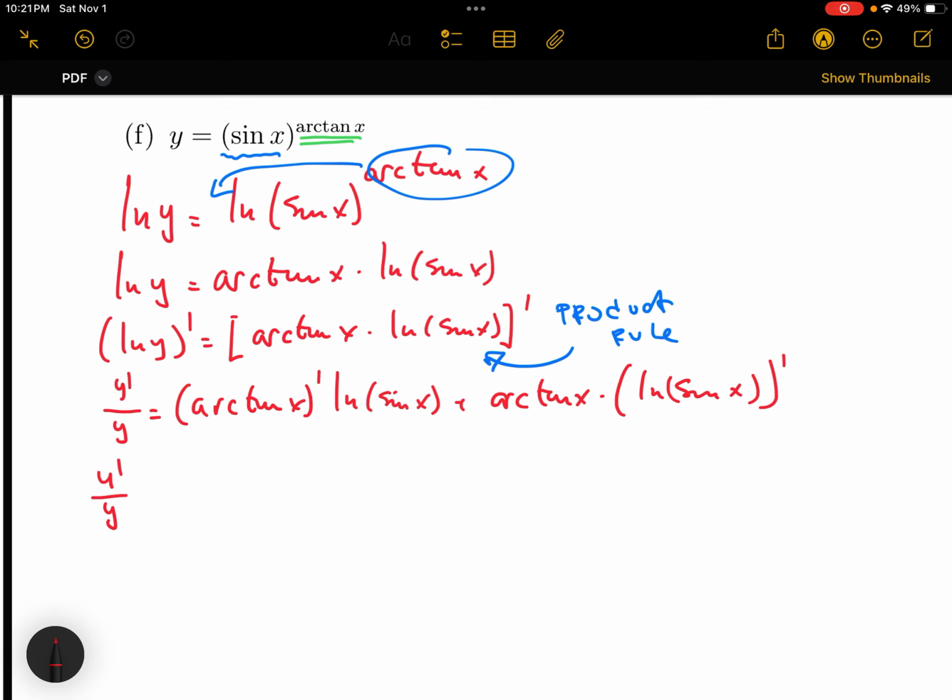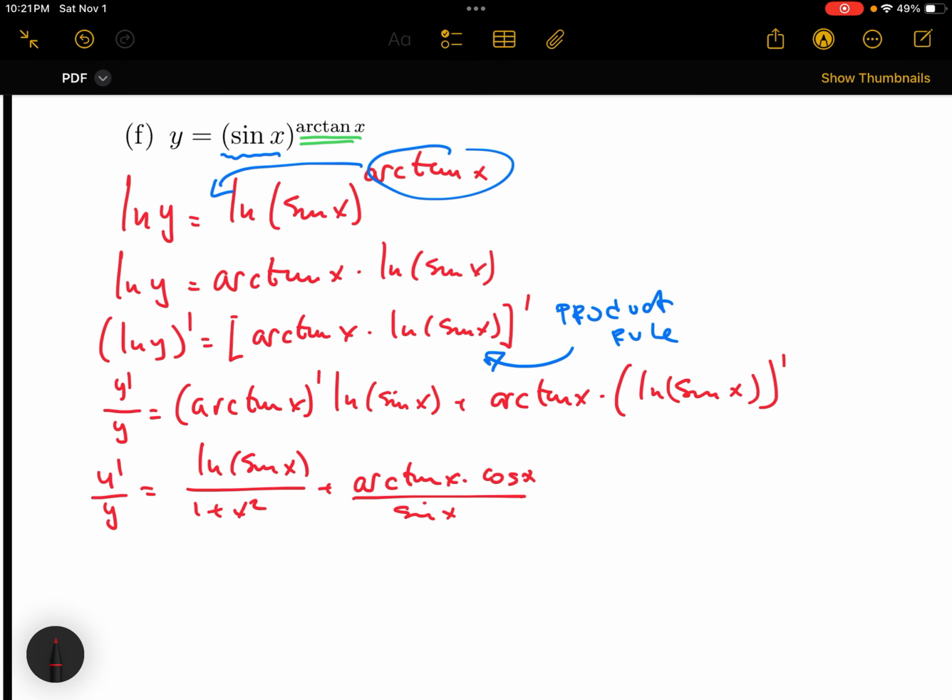So y prime over y is equal to derivative of arctangent of x is 1 over 1 plus x squared. So that's ln of sine of x plus arctangent of x times derivative of ln of sine of x is 1 over sine of x times derivative of sine of x, which is cosine of x.